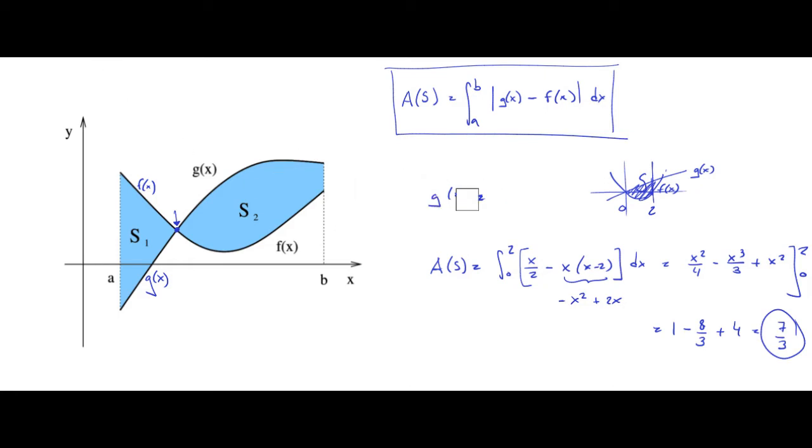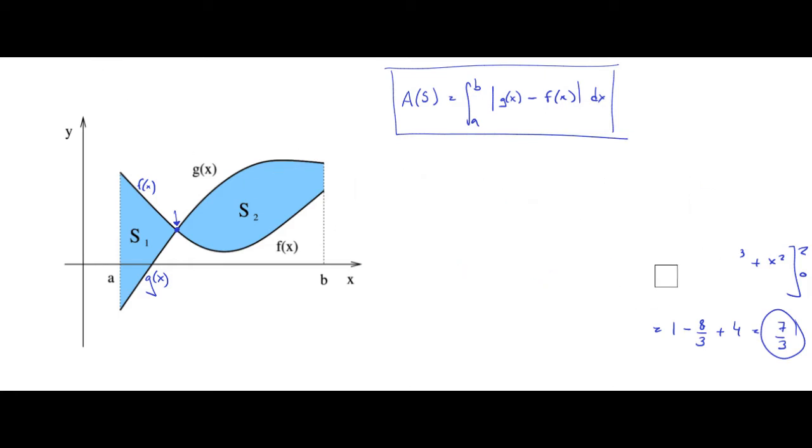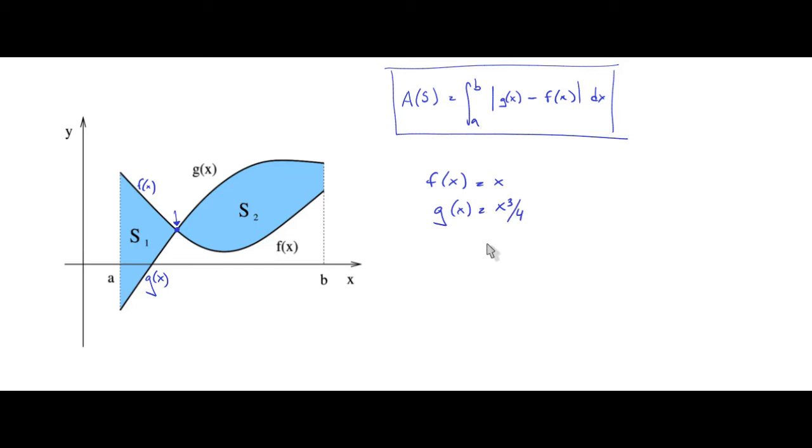Let's do another example where there is an actual intersection. For instance, we have the function f equal to x and g equal to x cubed over 4 in the interval from minus 1 to 2. In this interval, x is doing this, this is f, and at minus 1 g is doing something like this.